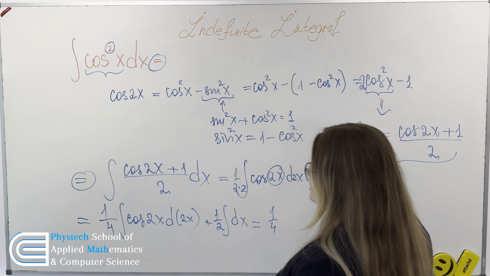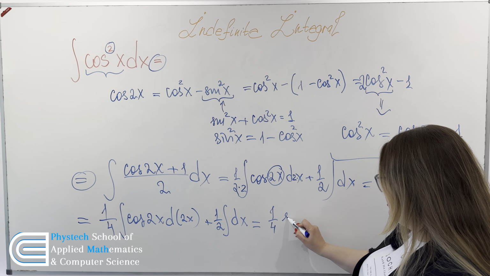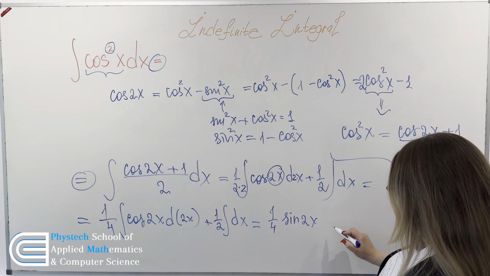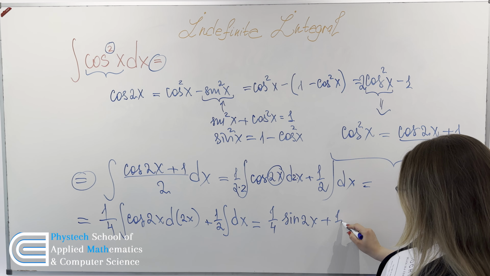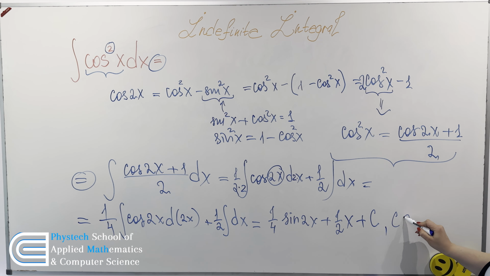We know that the derivative of sine gives us cosine, so here will be sine of 2x plus 1 divided by 2 x plus C, where C is a constant from real numbers.